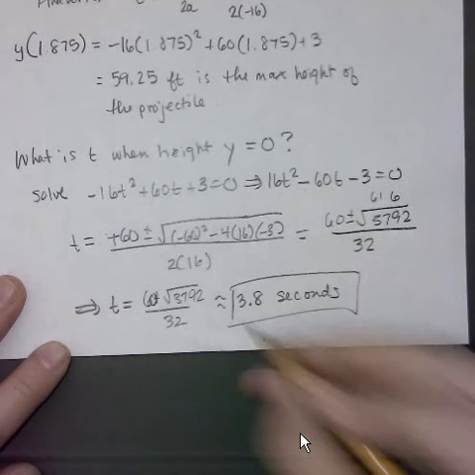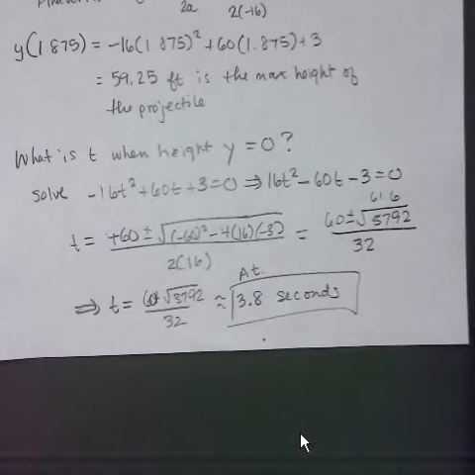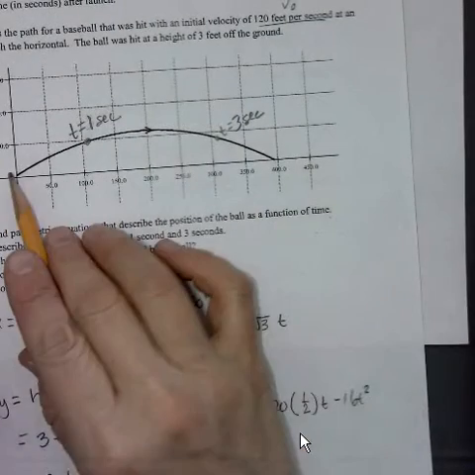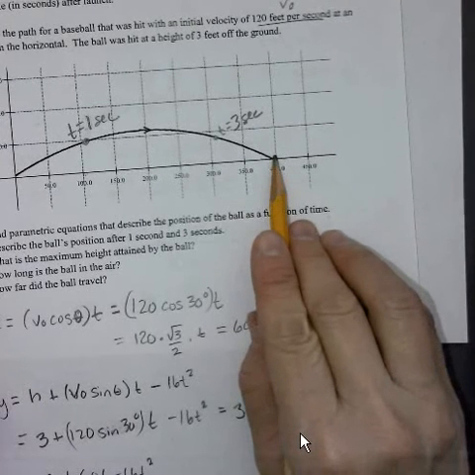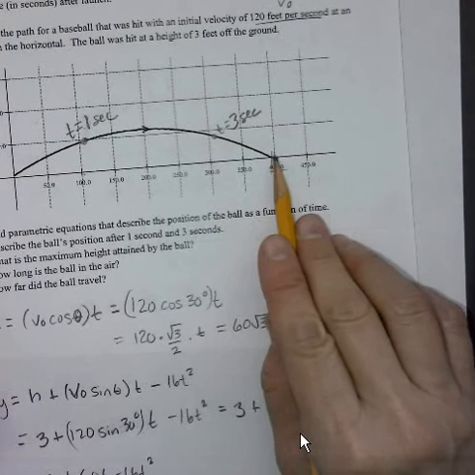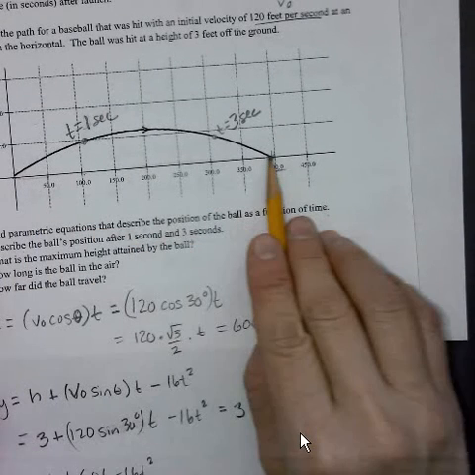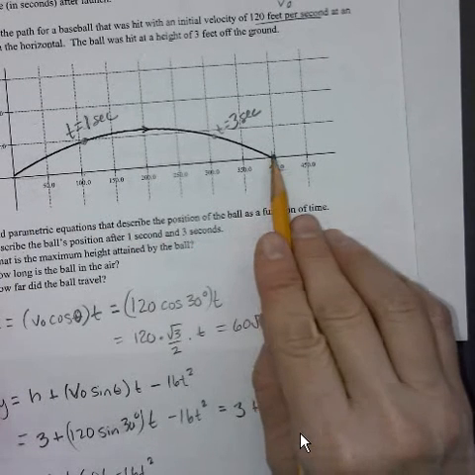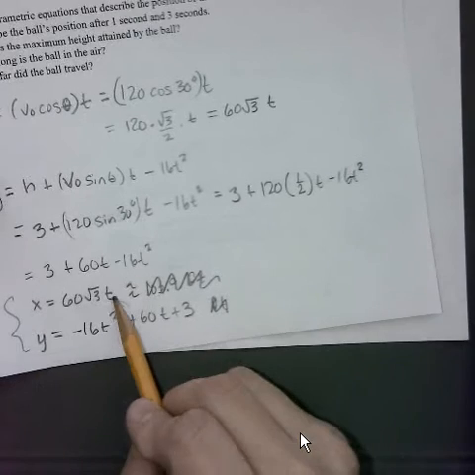At 3.8 seconds. All right, one more question, and that's how far did the ball travel? Well, the ball traveled for about 3.8 seconds, so let's just approximate. We can see it's going to be less than 400, right? The ball travels x equals 60 square root of 3 t, and t is about 3.8 seconds.